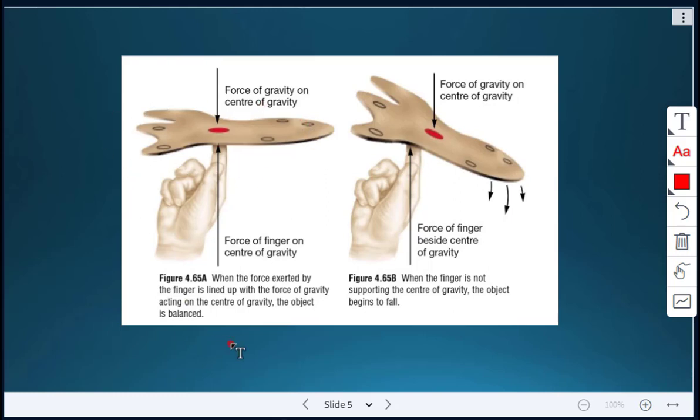So therefore it won't be tipping. Here, the force of gravity on the center of gravity is here, but the finger has been placed beside the center of gravity. So it's not supporting the center of gravity, therefore it will tip and the object will begin to fall.